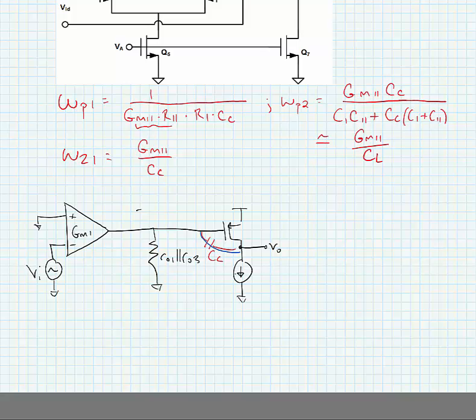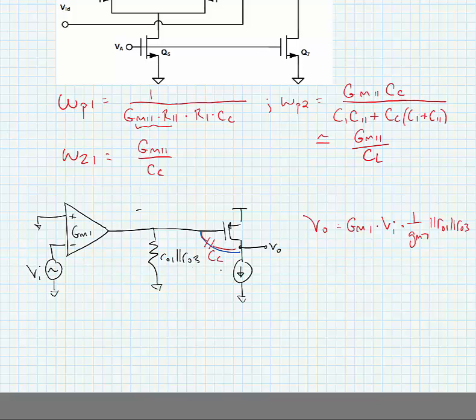Now if we analyze the voltage gain of this circuit, we would find that Vout is equal to gm1 times Vin times the total impedance seen at the node between the two amplifiers, which would be 1 over gm7 in parallel with ro1 and in parallel with ro3.